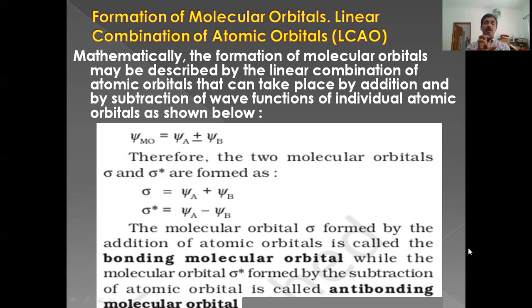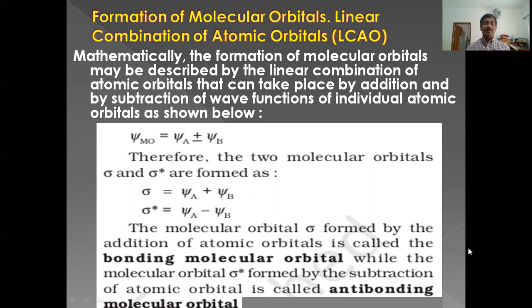That means two molecular orbitals will form. Bonding molecular orbital sigma is formed by the additive overlapping of atomic orbitals A and B. So sigma is equal to psi A plus psi B. And antibonding molecular orbitals are formed by subtractive overlapping.